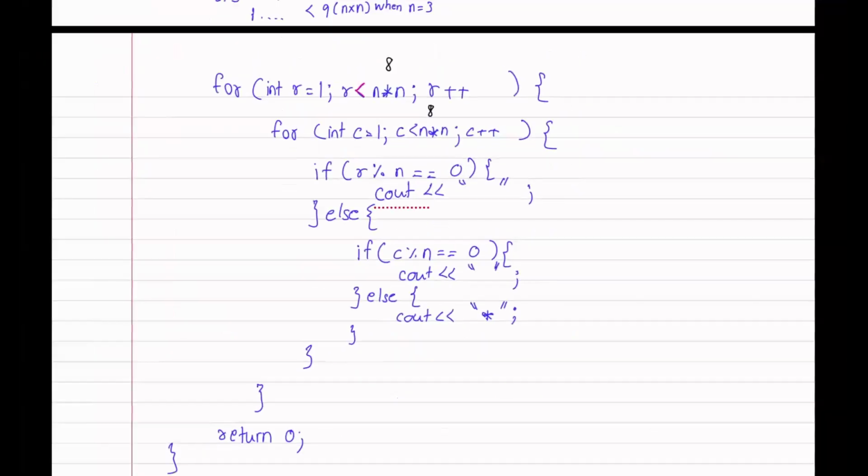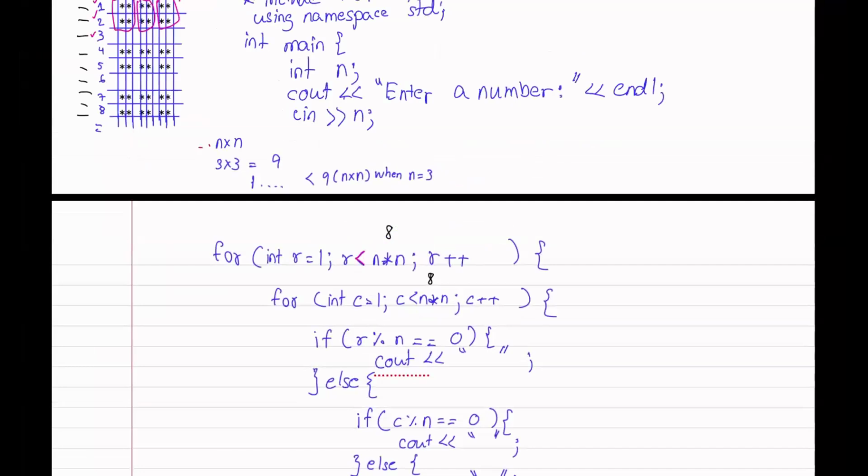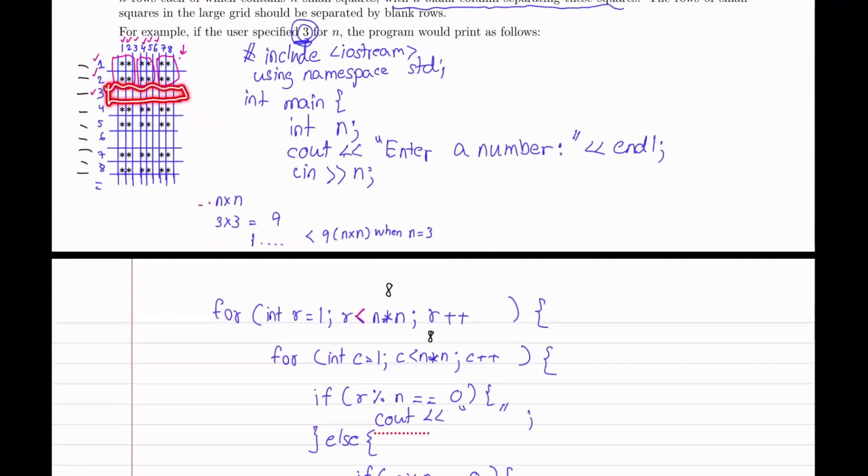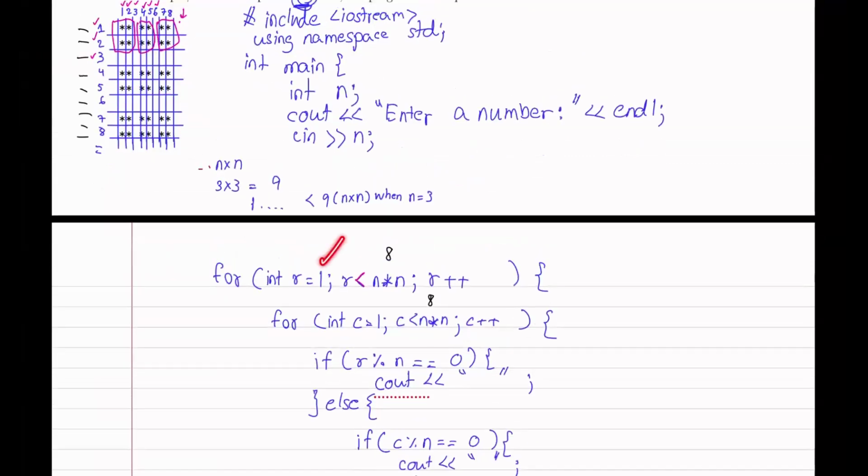Any question about that? Where in the code do we make the row of spaces? So you might ask where I print this line. Okay, let's check. Row is 1, let's skip.